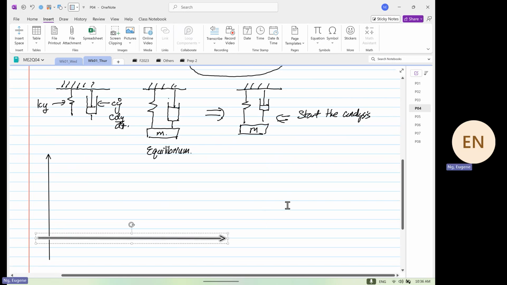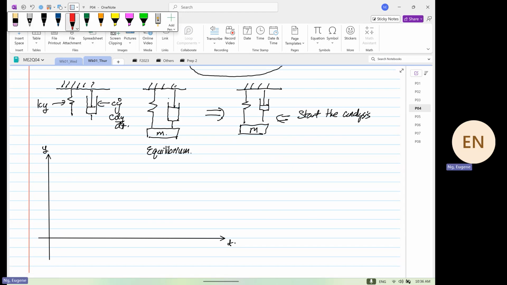Engineers, we draw a graph. Y as a function of time. So sometimes the graph, this is the response. You don't understand what is the response of the system. It's like when I pinch you, what do you do? Ow, that's a response. Yes or no? You need me to demo? No, right? Okay, here you go.